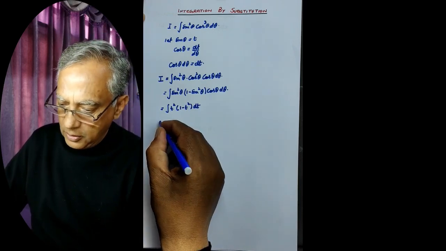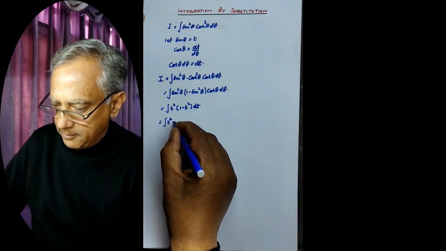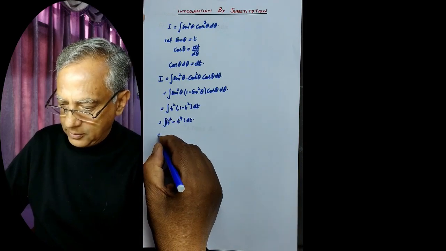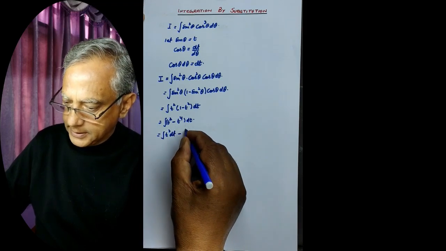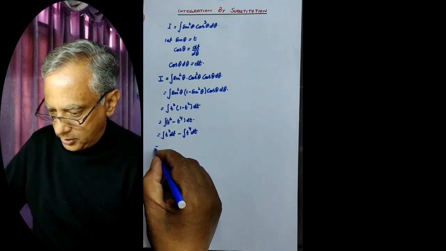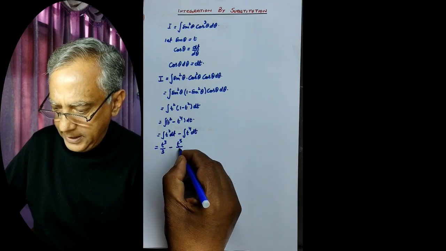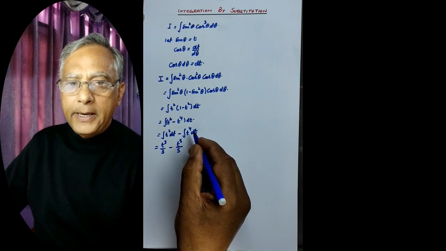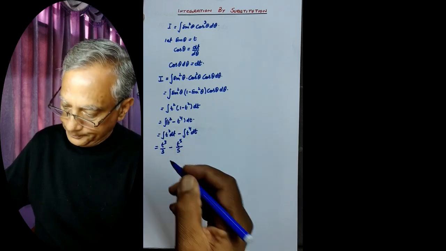Now how to integrate this? We will multiply these two terms and we will get t square minus t to the power 4 dt, and this is equal to the integral of t square dt minus the integral of t to the power 4 dt. This is equal to t cube by 3 minus t to the power of 5 by 5, because integration of x to the power of n is x to the power of n plus 1 over n plus 1.